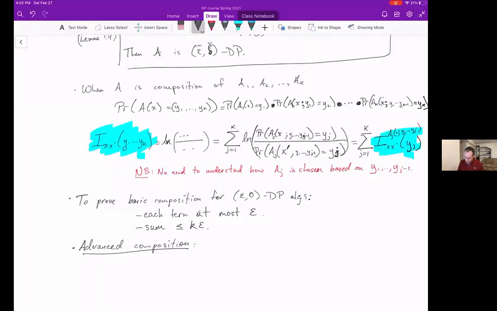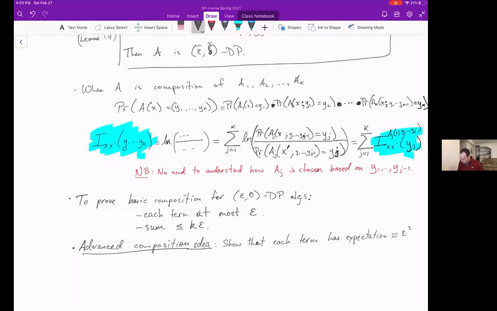So the idea of advanced composition is to show roughly that each term has expectation something like epsilon squared.